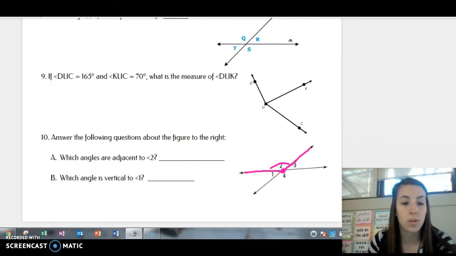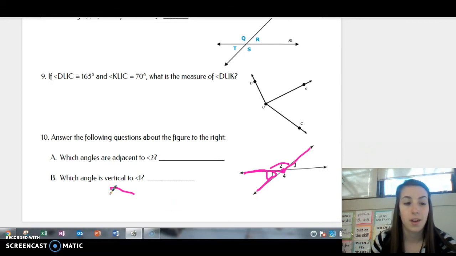And then the last one wants to know vertical angles. So it's telling you to look at angle 1, which means if you are just looking at this angle here, angle 1, it wants to know which one is vertical or across from.